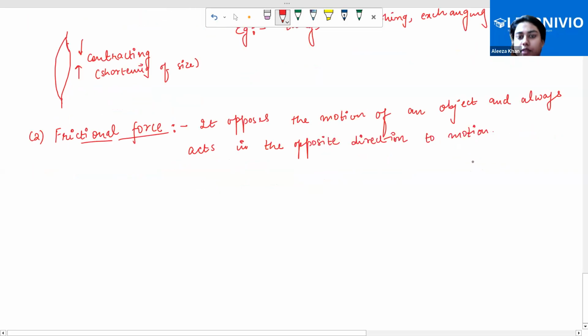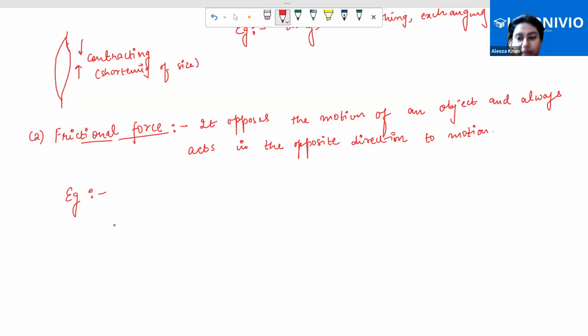Can you give me an example for this? Since this is an opposing force, how is frictional force applied? Any idea, Ieshal? No, ma'am. Okay, if you are able to write with the pen on the paper, is there frictional force or not?